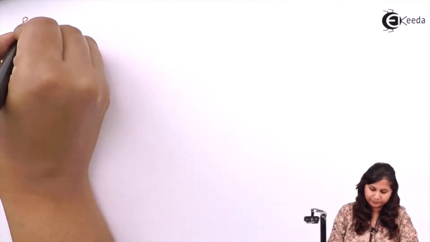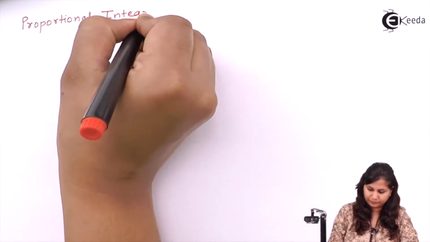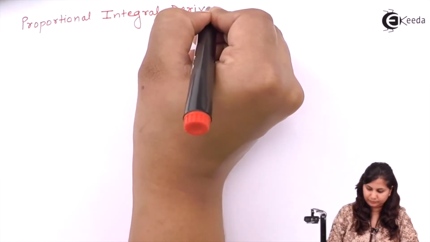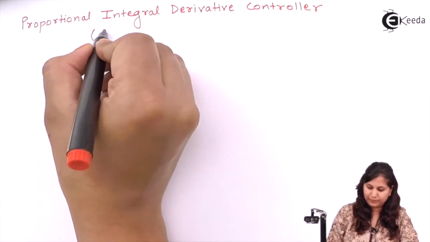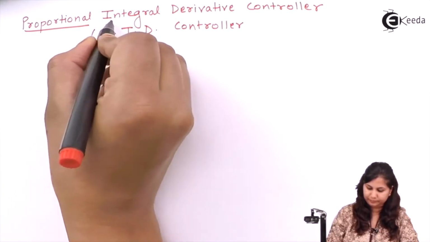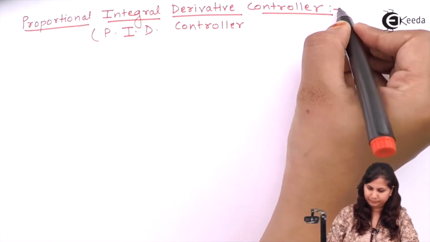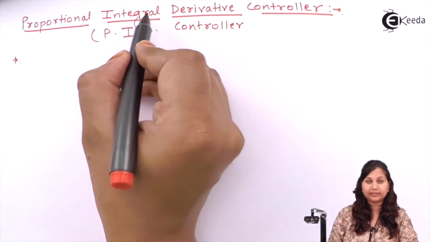So let us study about it. It is known as PID controller. So it consists of three terms: proportional, integral, derivative.